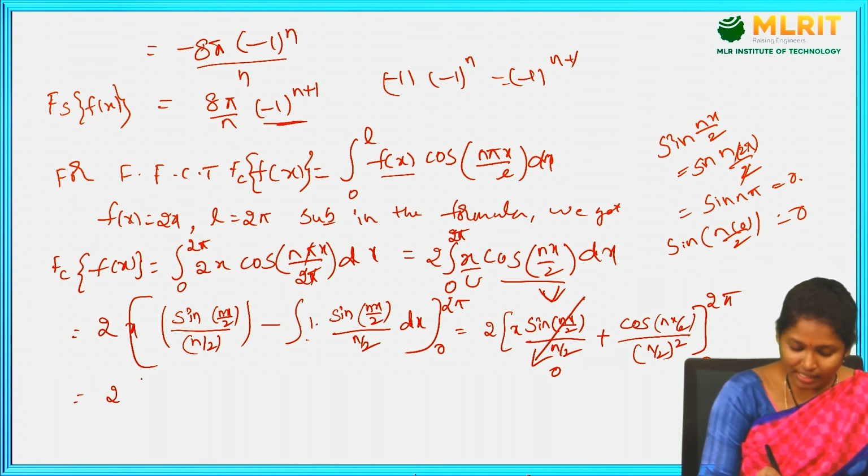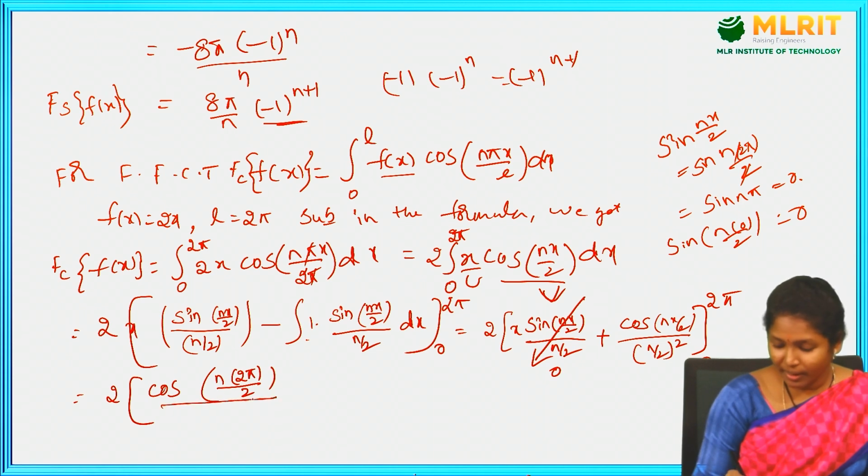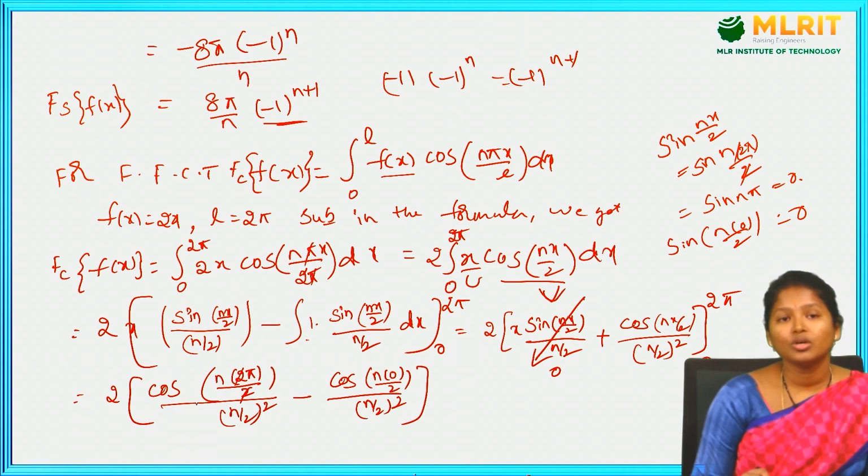In the second term, 2 into cos(n into 2 pi by 2) by (n by 2) whole square, minus cos(n into 0 by 2) by (n by 2) whole square. So 2 will be cancelled out. Cos n pi value is (minus 1) whole power n.